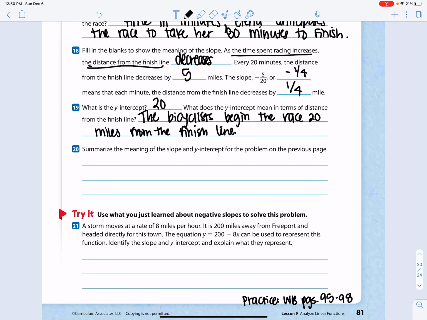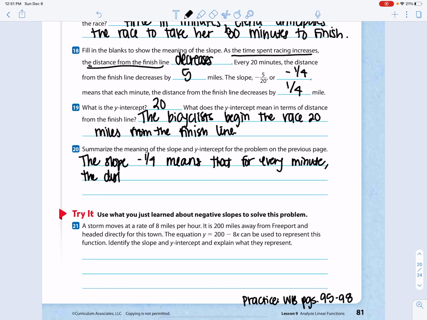All right, number 20. Summarize the meaning of the slope and y-intercept from the problem on the previous page. The slope, -1/4. So let's just write that out. The slope, -1/4, means that for every minute, the distance remaining in the race decreases by 1/4 of a mile.